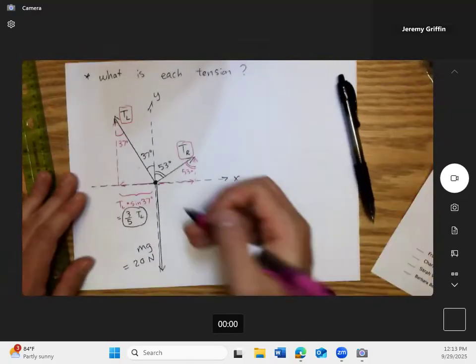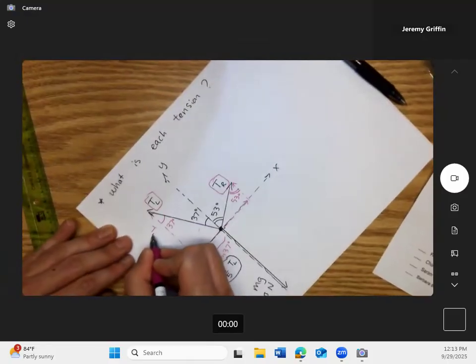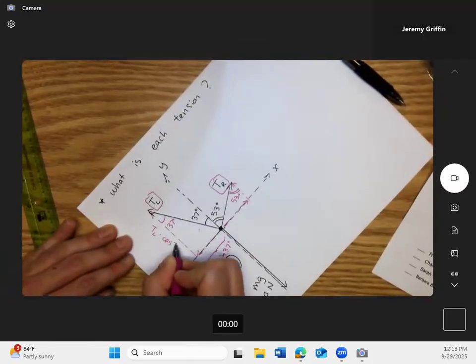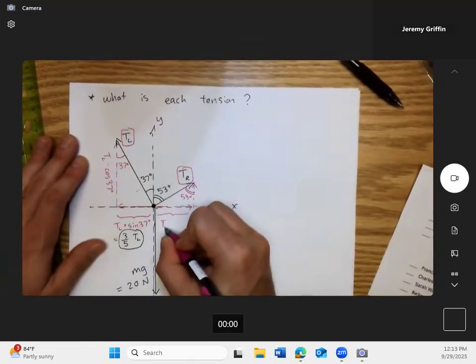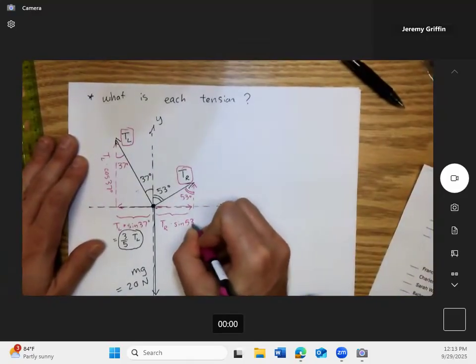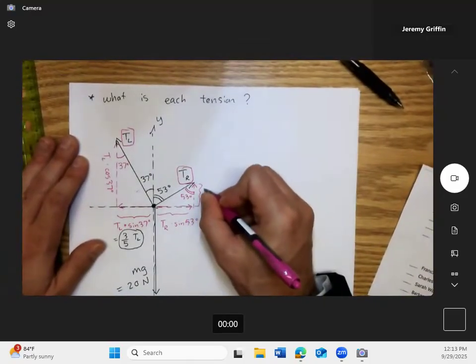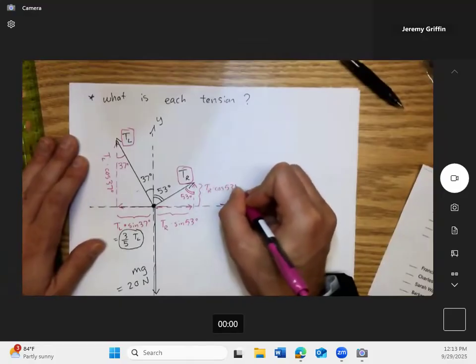Okay. And let's do all the rest of these. So I think this one right here could be TL times cosine of 37 degrees. This one right here could be TR, as in the right tension, times sine of 53 degrees. And this one right here could be TR times cosine of 53 degrees. Okay.